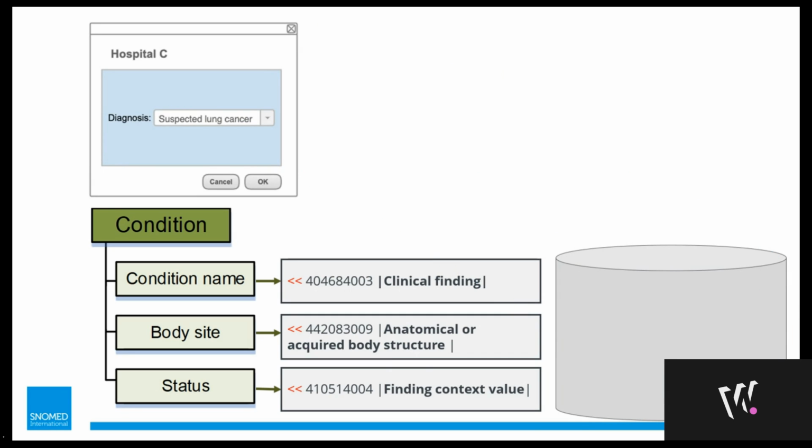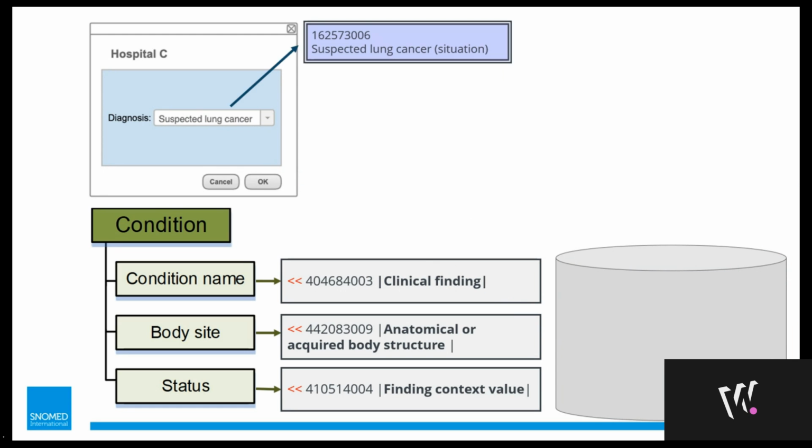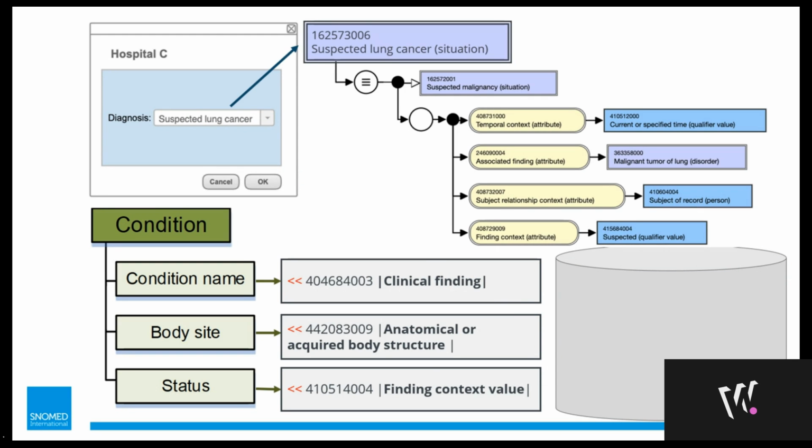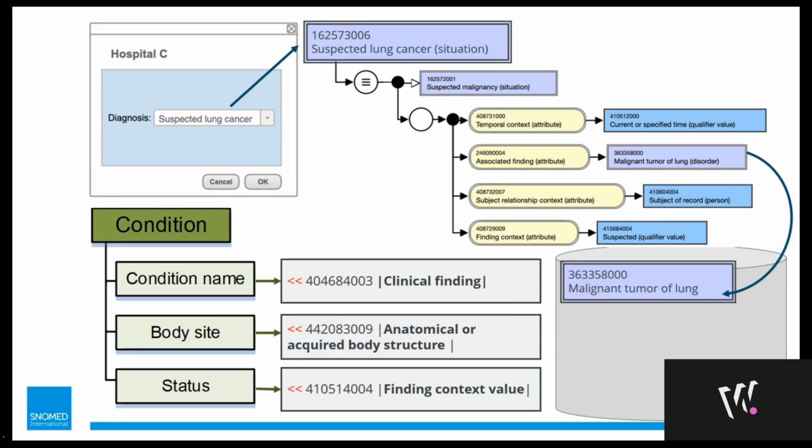In Hospital C, when entering the condition suspected lung cancer, we also need to derive the appropriate values to store, which again can be done using the defining properties of the selected concept, in this case the concept suspected lung cancer. As shown here, this concept is defined with an associated finding of malignant tumor of lung.